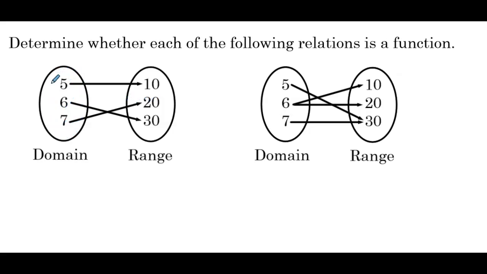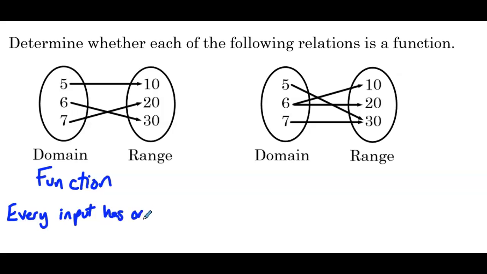So every input has only one output. So this is a function. Now they don't ask us to explain, but I think that's important. Every input has only one output.